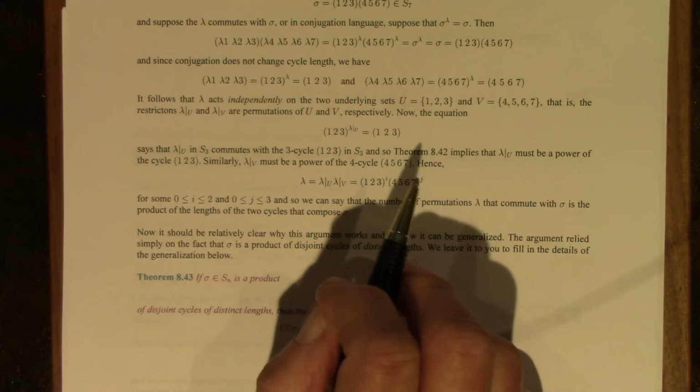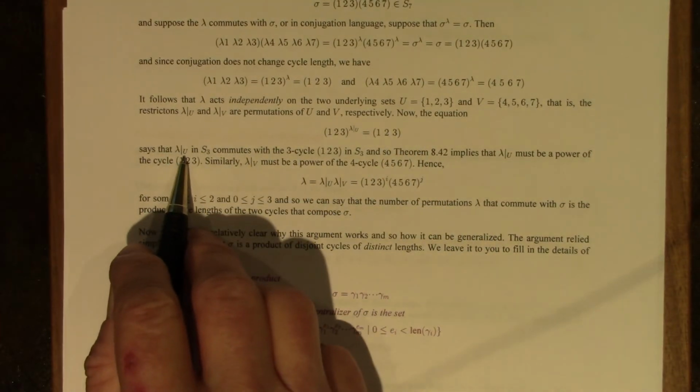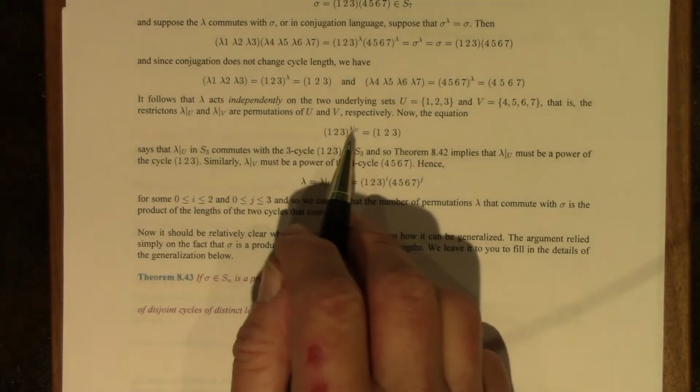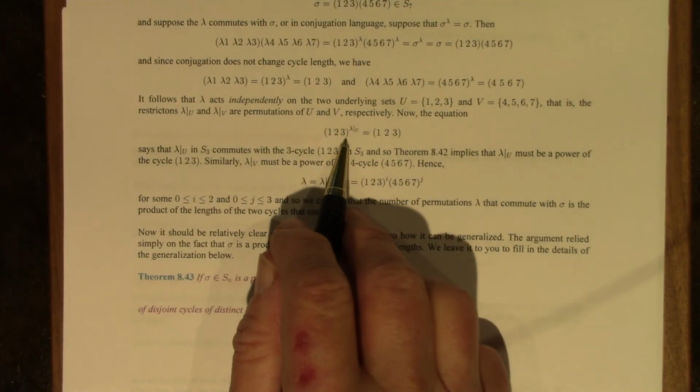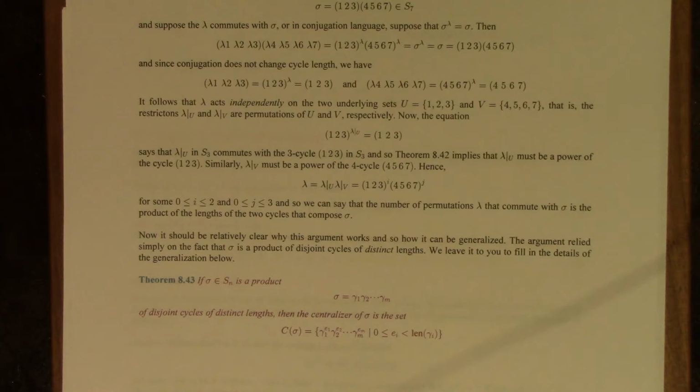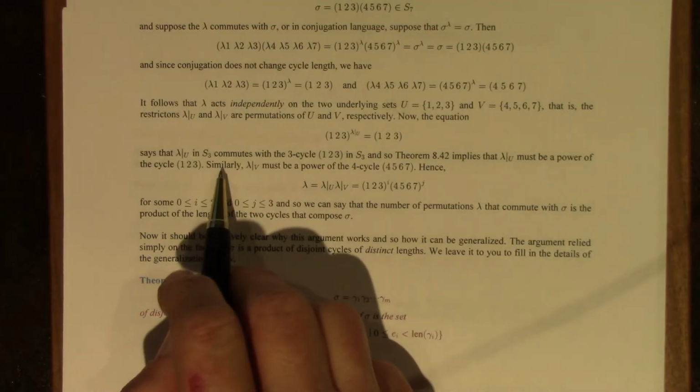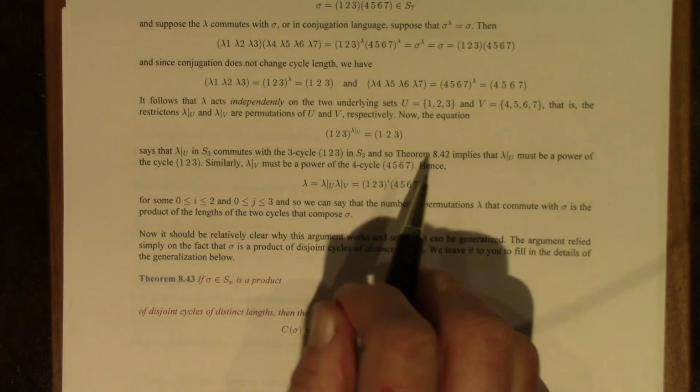In other words, lambda restricted to u commutes with this 3-cycle, and therefore, by what we learned earlier, must be a power of that 3-cycle. And similarly for the 4-cycle.